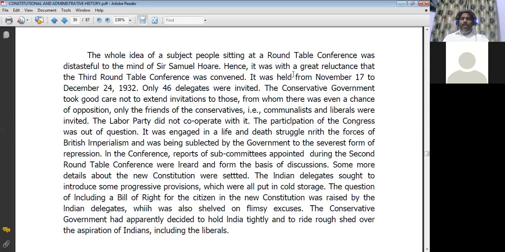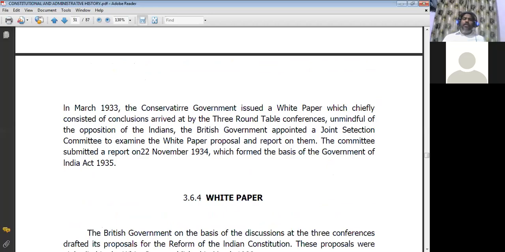including the liberals. So in 1933, the conservative government issued a white paper which merely consisted of conclusions arrived at by the three Round Table Conferences, unmindful of the opposition of the Indians.